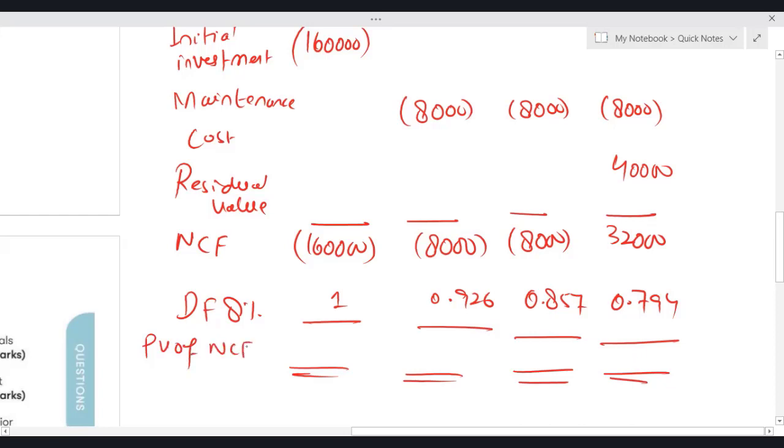Present value of net cash flows. $32,000.